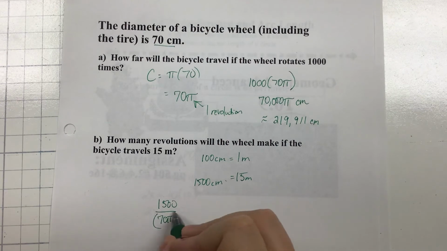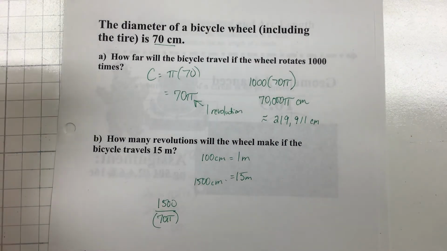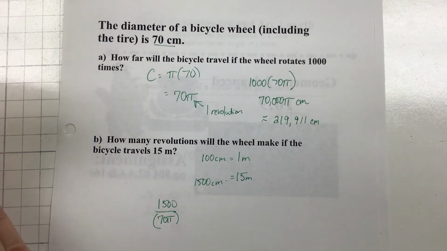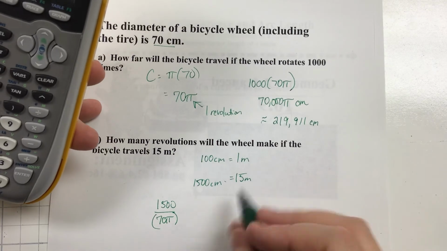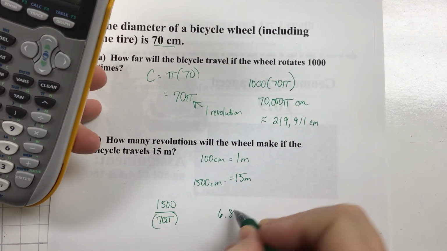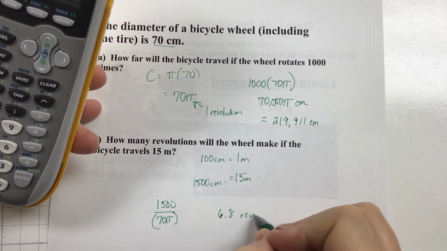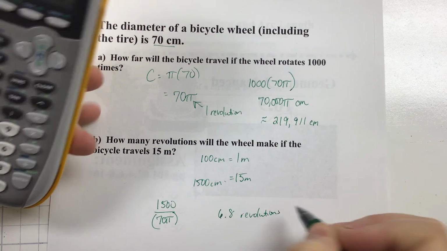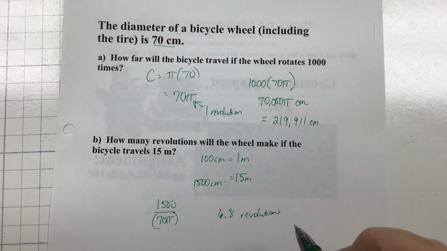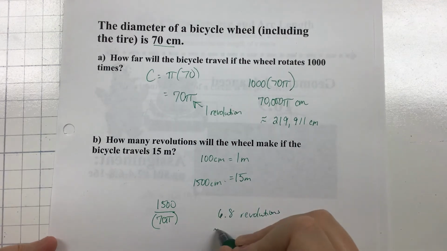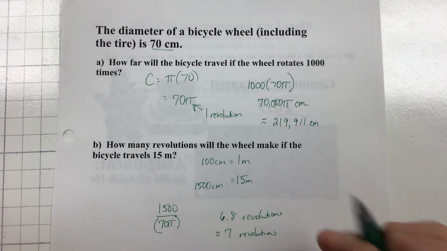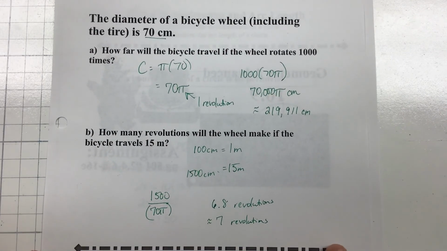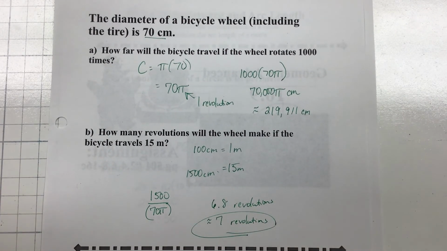Again, if you're doing this in your calculator, you're going to want to put the 70 pi in parentheses, otherwise your calculator is doing order of operations. So I'm going to get 6.8 revolutions. It would make more sense to round to the nearest revolution, so I would say approximately 7 revolutions. Not exactly 7 or a little short of it, but about how many, I would go with the 7.